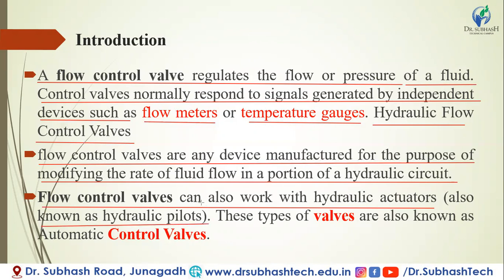This type of valve is also known as an automatic control valve, meaning the valve is operated by another actuator, flow meter or temperature gauge on which it depends. So that type of valve is also known as a control valve.